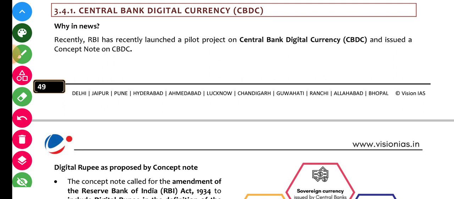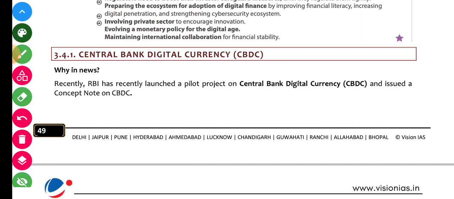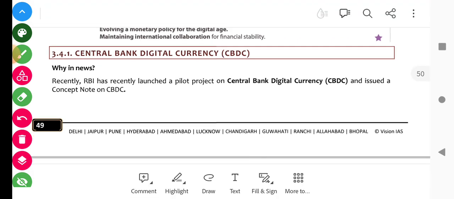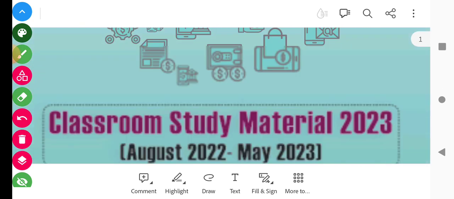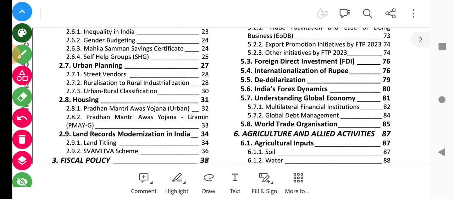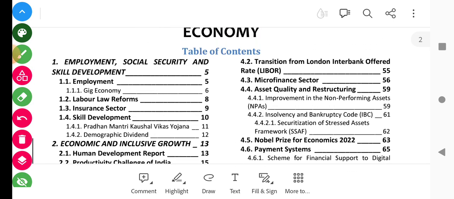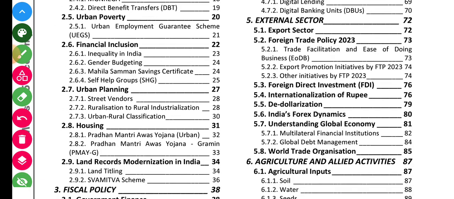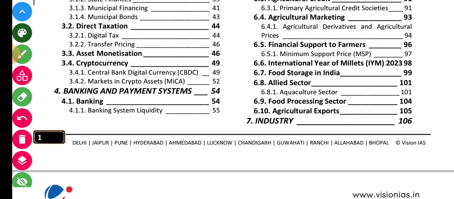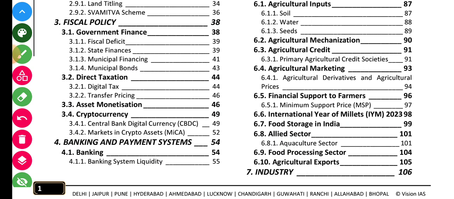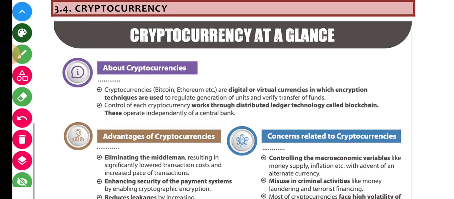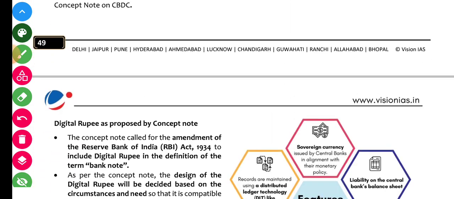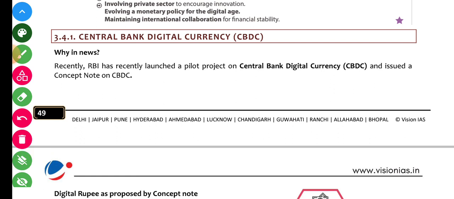Next is the central bank digital currency.